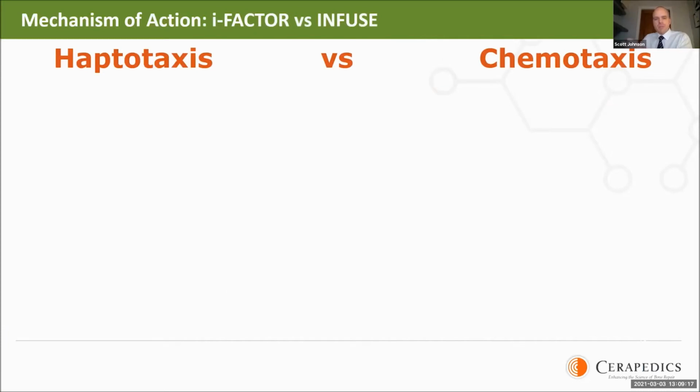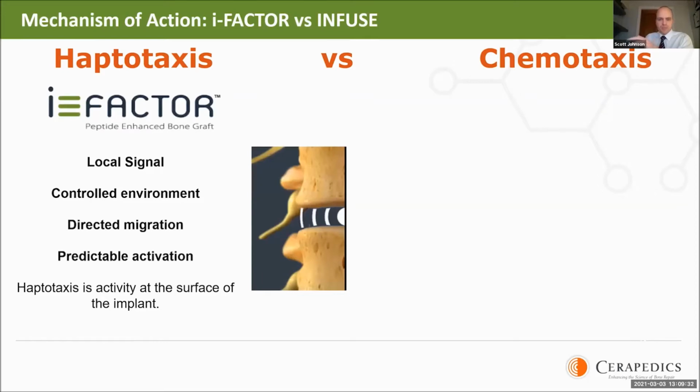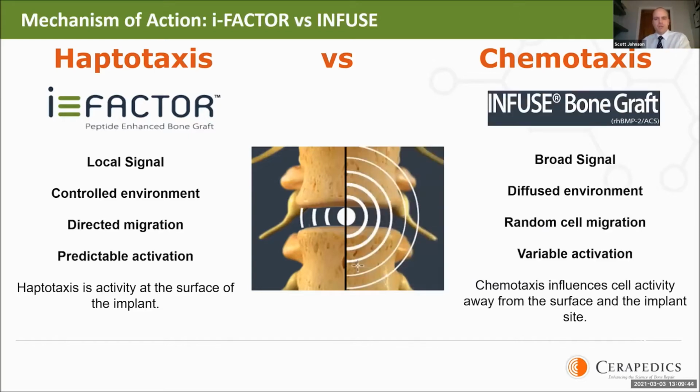So the unique mechanism of action that iFactor has differs significantly compared to that with BMP2, which is another bioactive bone graft. Most importantly, the P15 peptide is bound to the surface of the graft, and that ensures the biological activity is concentrated at the surface of the scaffold, and that provides much more predictable activation of cells compared to BMP2, which is obviously available as a small molecule, but that molecule is free to diffuse away from the implantation site.